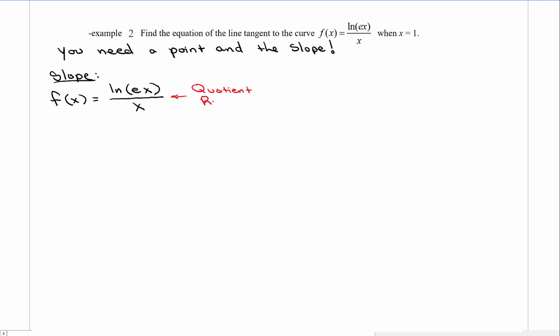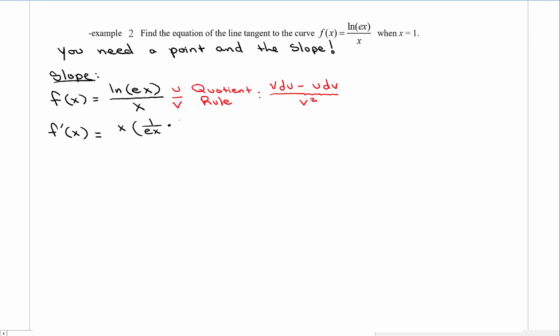The quotient rule says v du minus u dv all over v squared. So our numerator represents our u, our denominator represents our v, and all we have to do is just follow this rule. F prime of x is going to be equal to x times 1 over ex times e over 1.